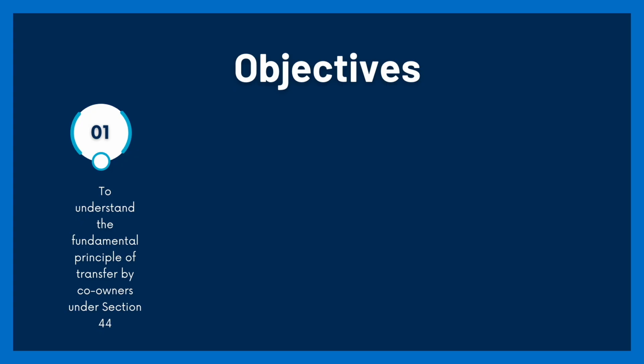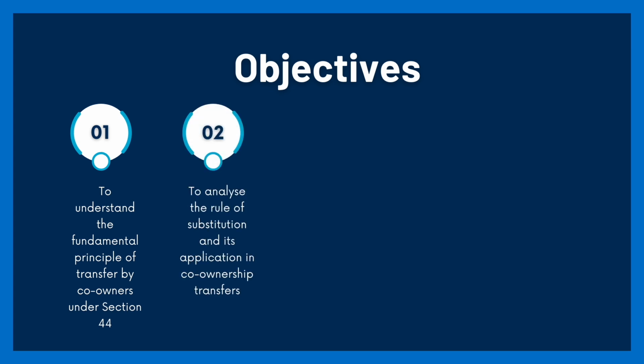It attempts to balance the rights of co-owners to transfer their property with the protection of family interest, particularly in cases involving dwelling houses. So by the end of this video, you will be able to understand the fundamental principle of transfer by co-owners under Section 44. You will also be able to analyze the rule of substitution and its application in co-ownership transfers.